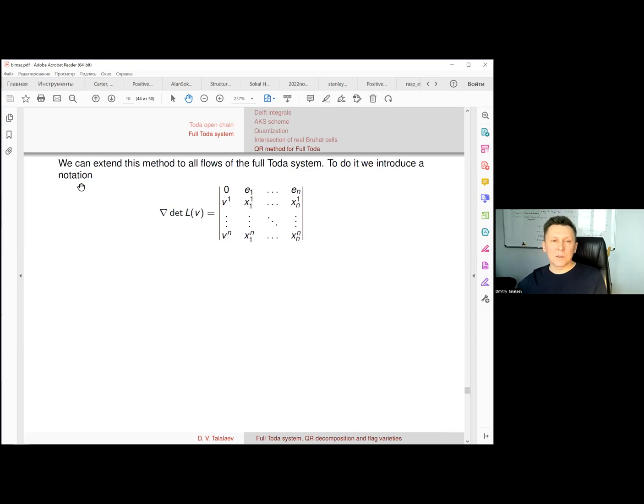And this observation can be extended to all flows of the full symmetric Toda system.